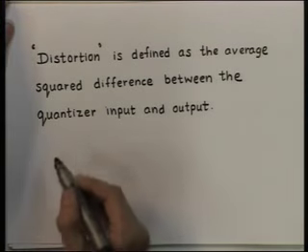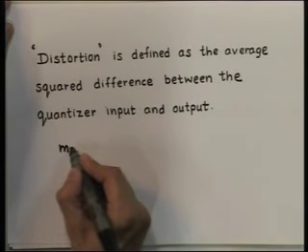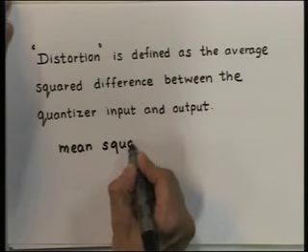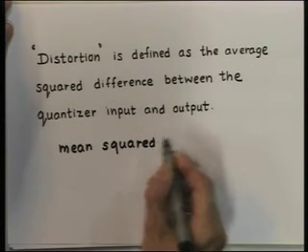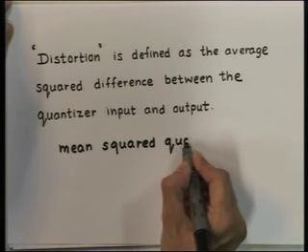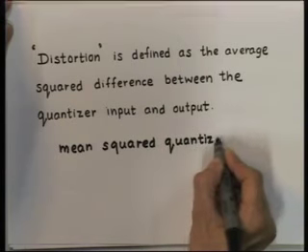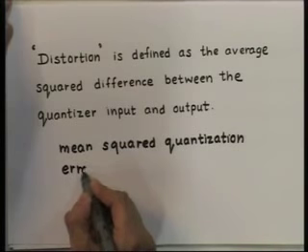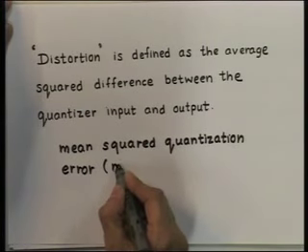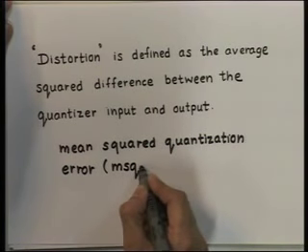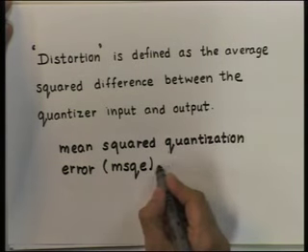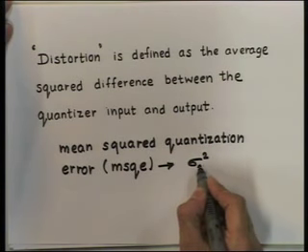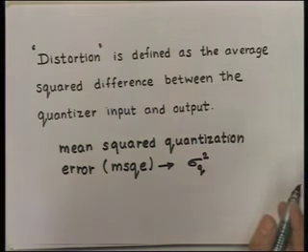We call this mean squared quantization error, in short as MSQE, and this is denoted by sigma squared q.